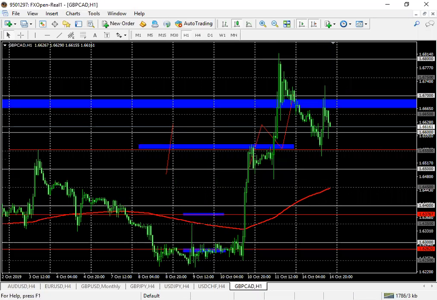Last but certainly not least, the GBP/CHF. I think we did take a look at this, and we're just looking at it from the standpoint of what usually happens in the markets when you reach the previous week's high or the previous week's low. So we're just highlighting the significance of that.